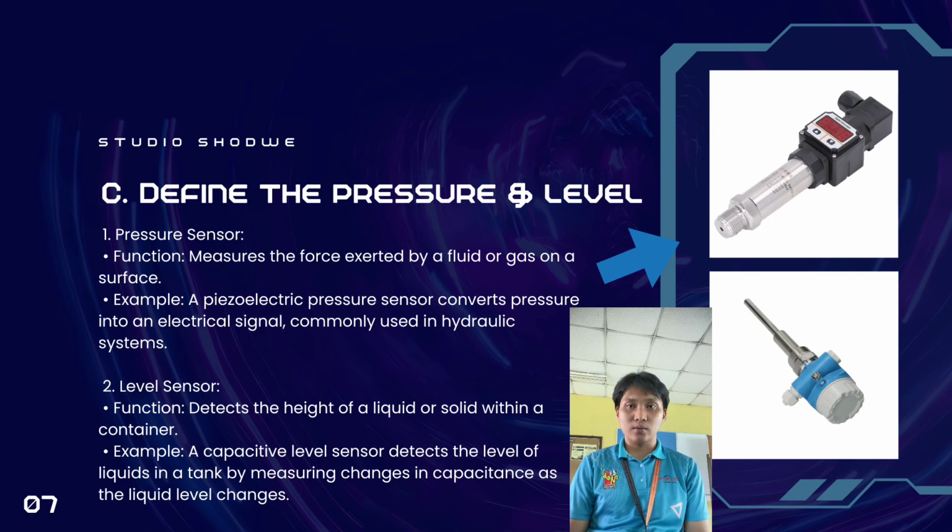Level sensor. Function to detect the height of a liquid or solid within a container. Example, a capacitive level sensor detect the level of liquid in a tank by measuring change in capacitance as the liquid level changes.